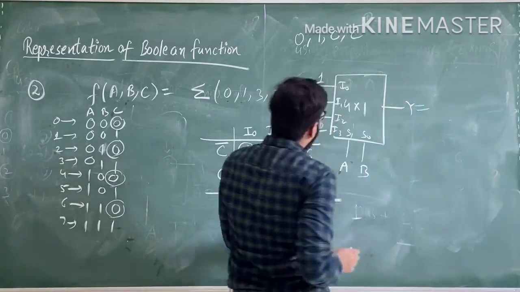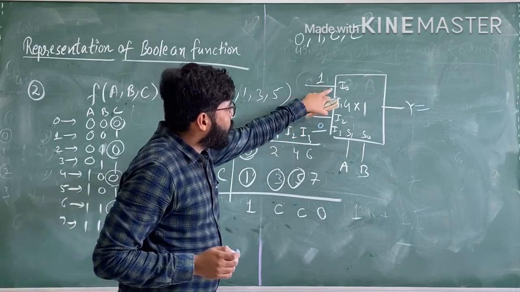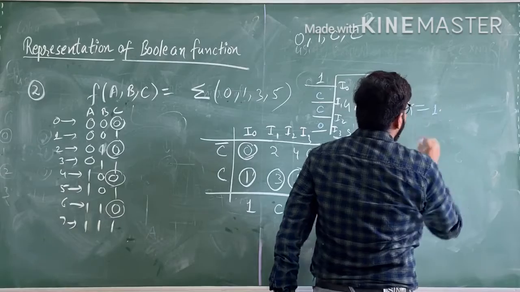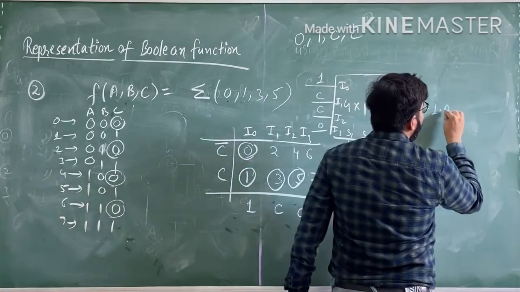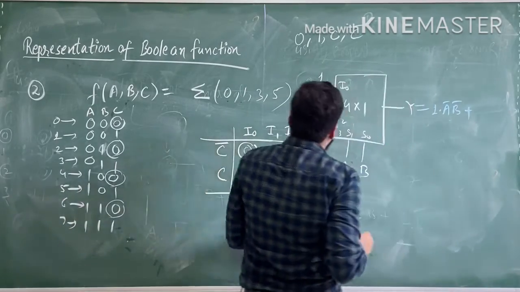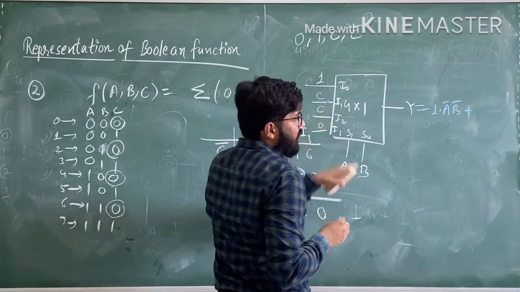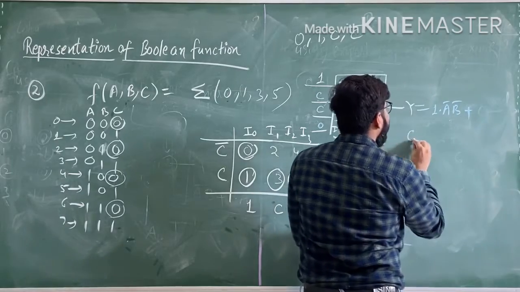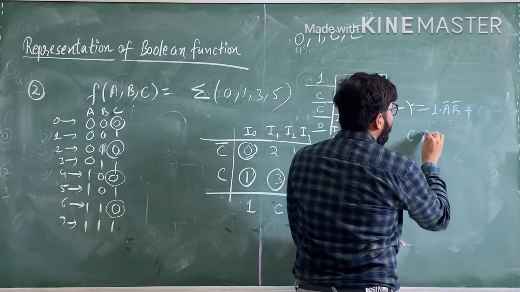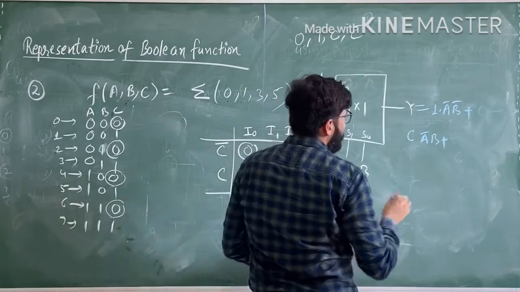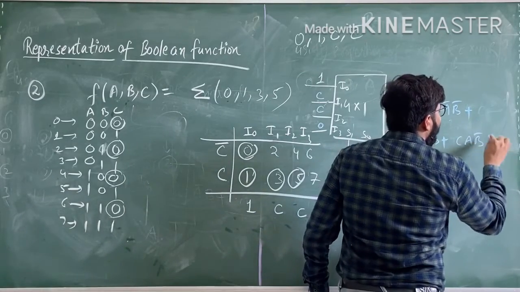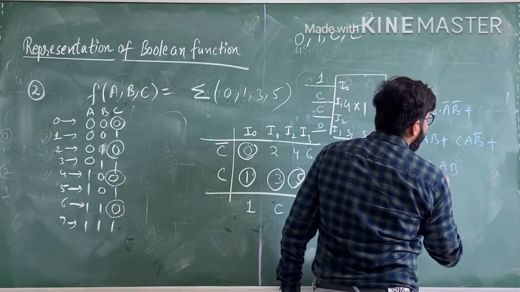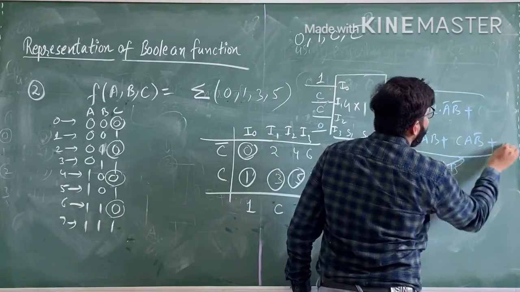Now you have to write the answer. If I0 is passed through the multiplexer, it becomes 1 into A complement B complement, plus if I1 is passed, I1 is C, so you have to write C, A complement B, plus C, A B complement, plus 0 into A B. So this is neglected, and the answer becomes this only.